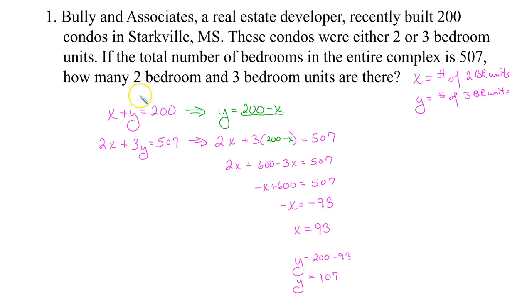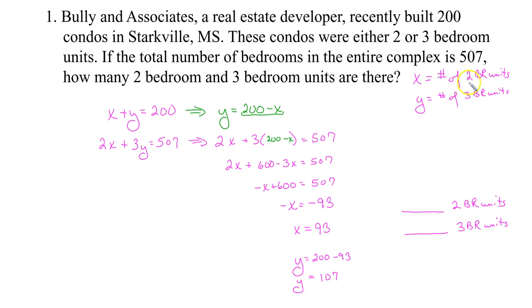Whether it's homework or a quiz or a test, you are going to be asked to answer the question, how many 2-bedroom units and how many 3-bedroom units? So we need to know what each of these represents. So it will say blank 2-bedroom units, and then it will ask you blank 3-bedroom units, and you need to know which one goes in which place.